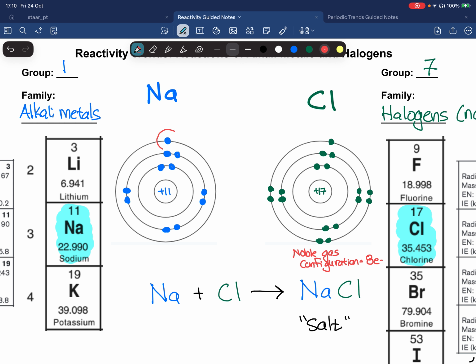So this electron right here is pulled away from the sodium atom. Okay? The energy required to do that is called the ionization energy, if you recall.